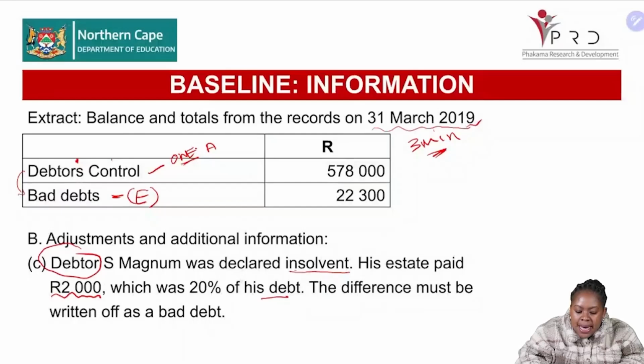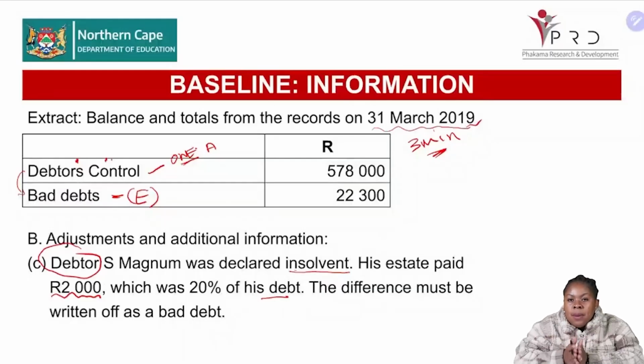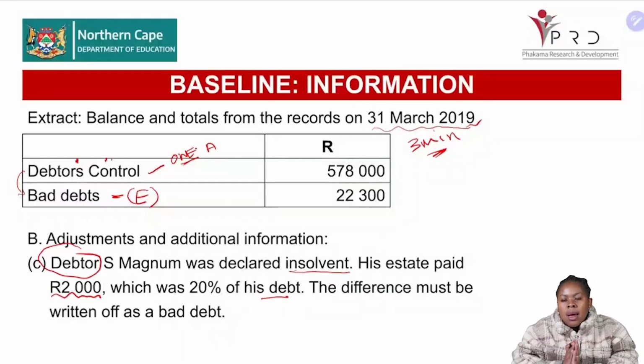The difference must be written off as bad debt. So the difference is still in our debtors control. According to us, that person still owes us. However, because now they have been declared insolvent, we can no longer expect them to pay us.